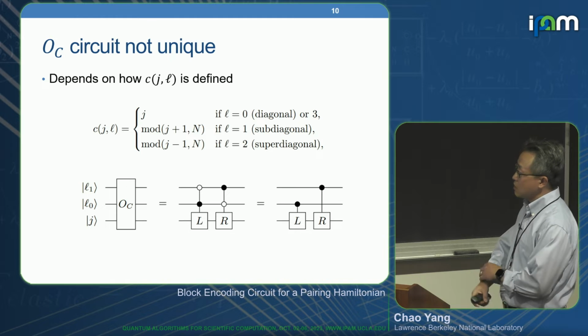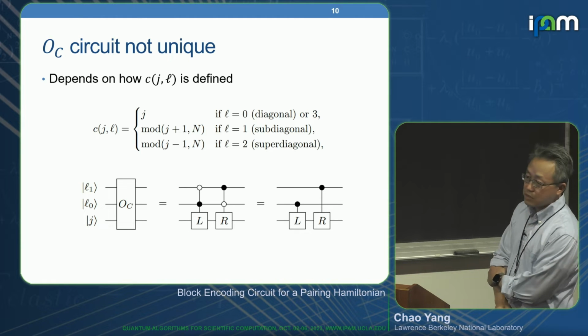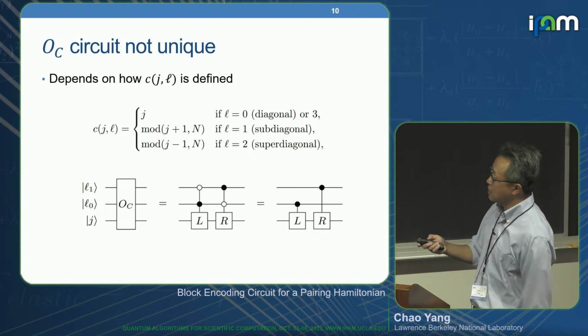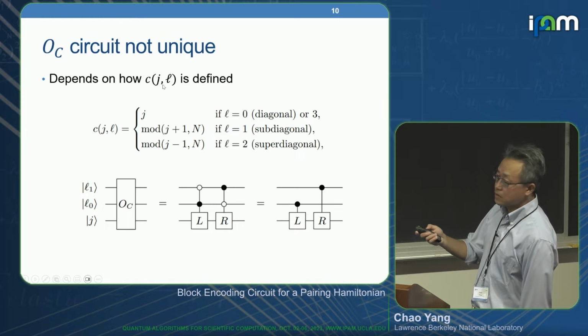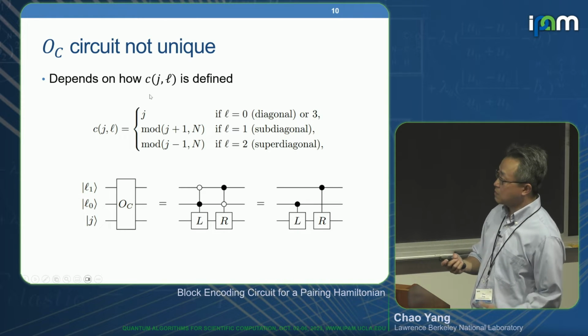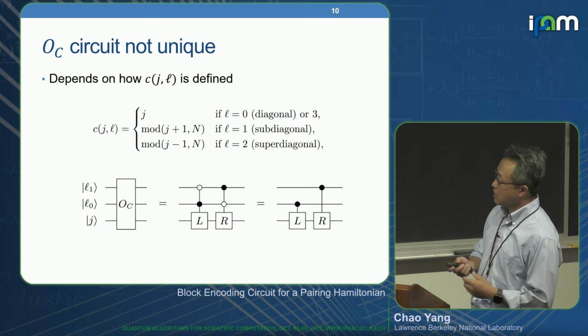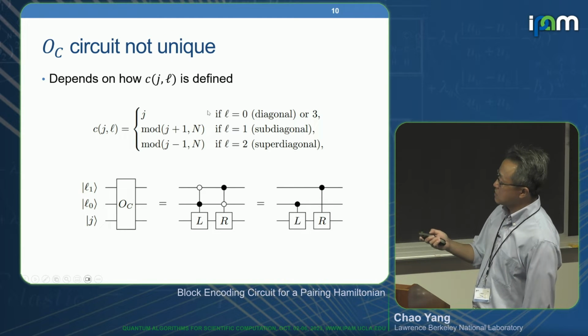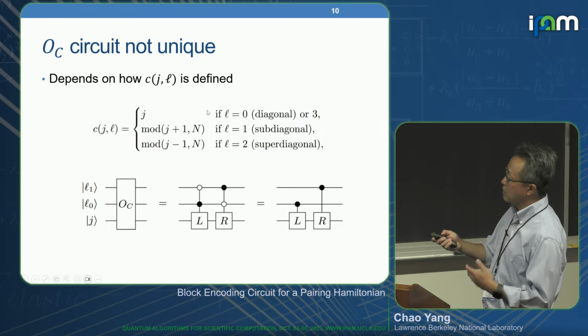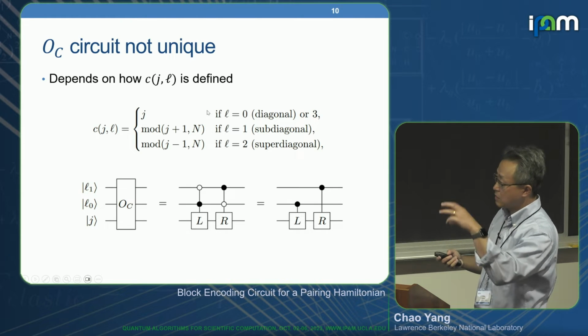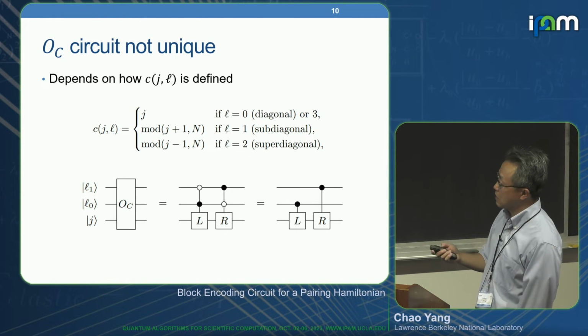Of course, the O_C circuit, the oracle circuit, is not unique. It depends on how you define c(j, L). If you choose a slightly better definition, like this, it's not much different, it's just which non-zero matrix element L equals 0 represents.